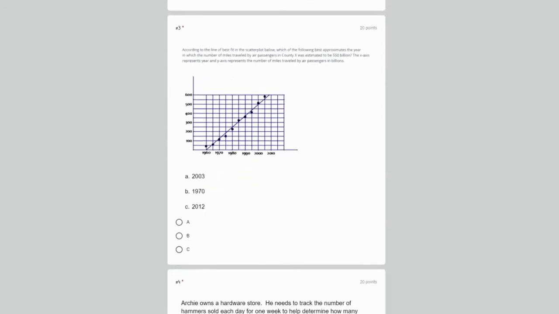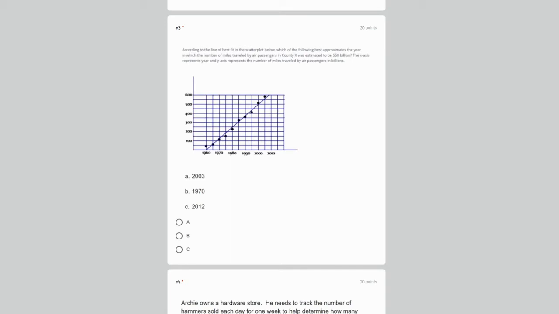Question number 3. According to the line of best fit in the scatter plot below, which of the following best approximates the year in which the number of miles traveled by air passengers in County X was estimated to be 550 billion?